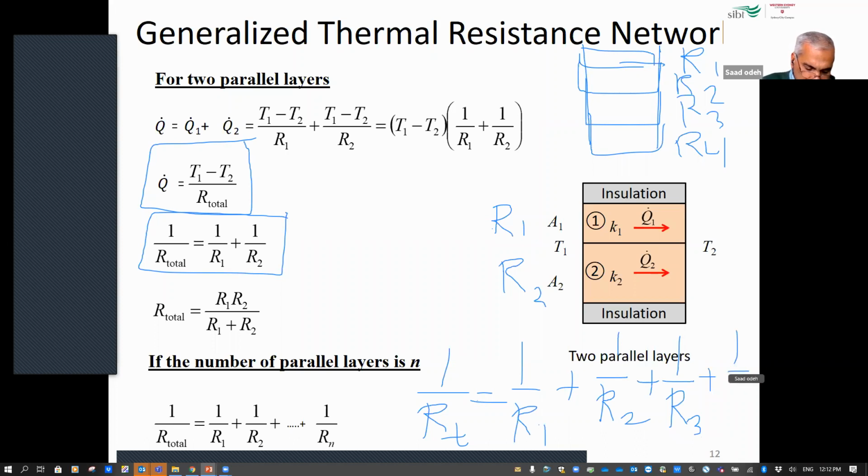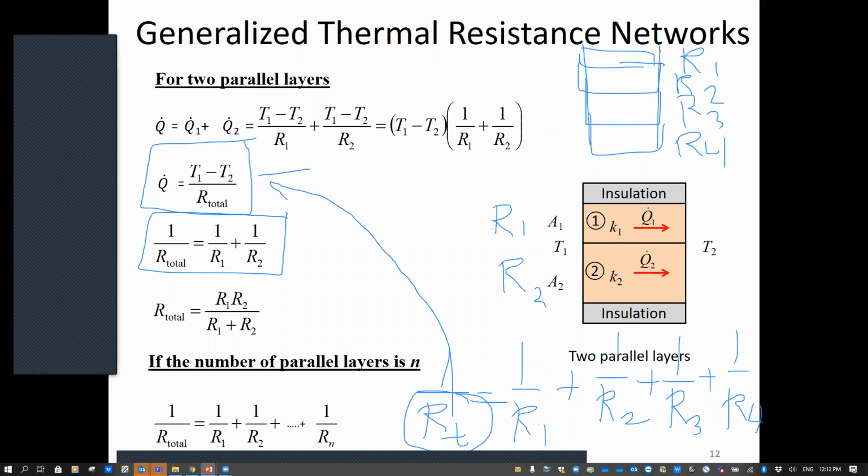So you get R total from this equation, and then you substitute this value in this to get the Q total.